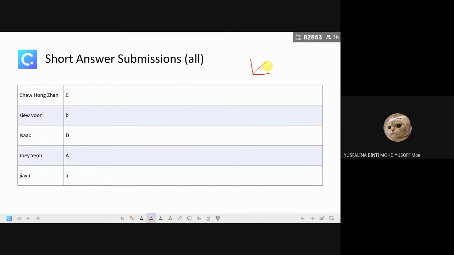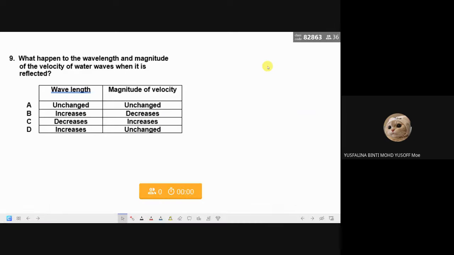I think this will be the last one, because after this you need to present. This one has no answer options, so don't choose A, B, C, D. You write your own answer, for the wavelength and also the velocity.